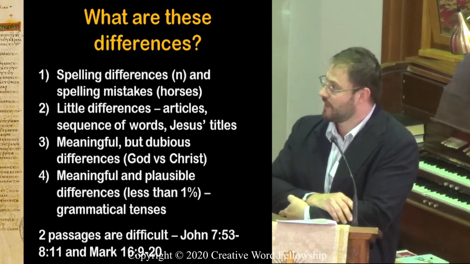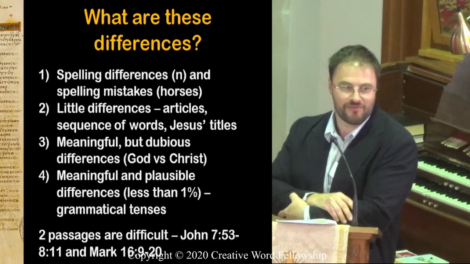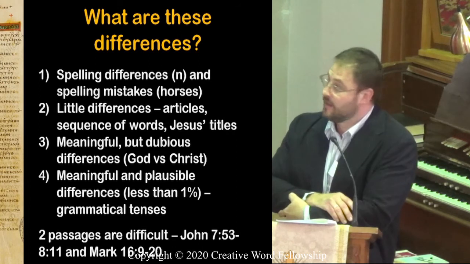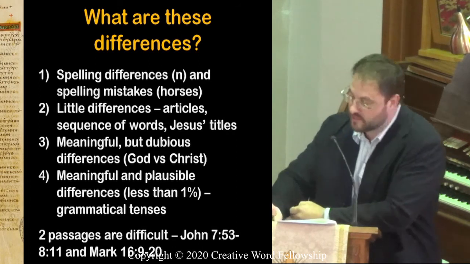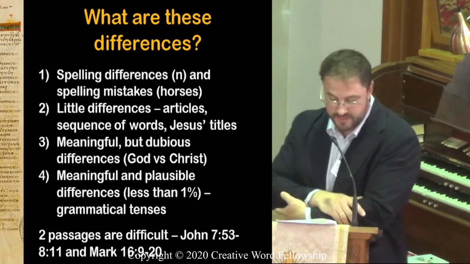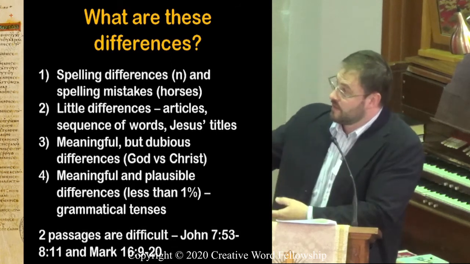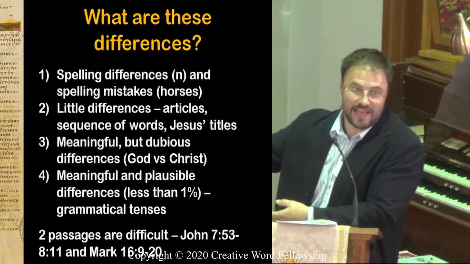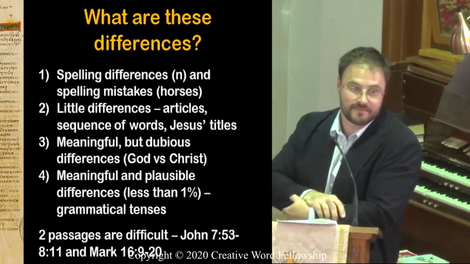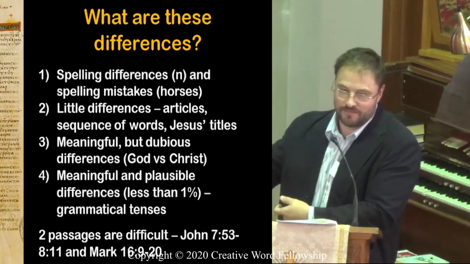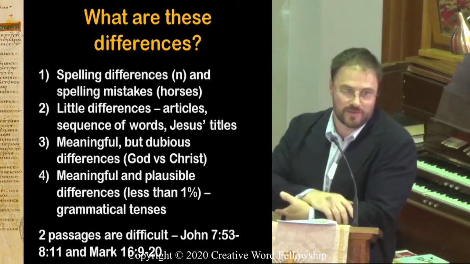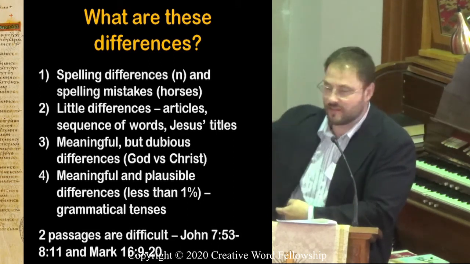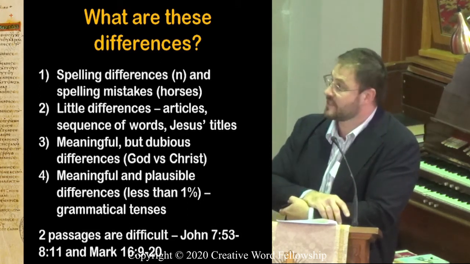The short ending would end with the words, "For they were afraid." So what's challenging with these two pericopes? In earlier manuscripts, this passage from John appears in different places, and it even appears connected to Luke's gospel. So it kind of travels and appears in different places.